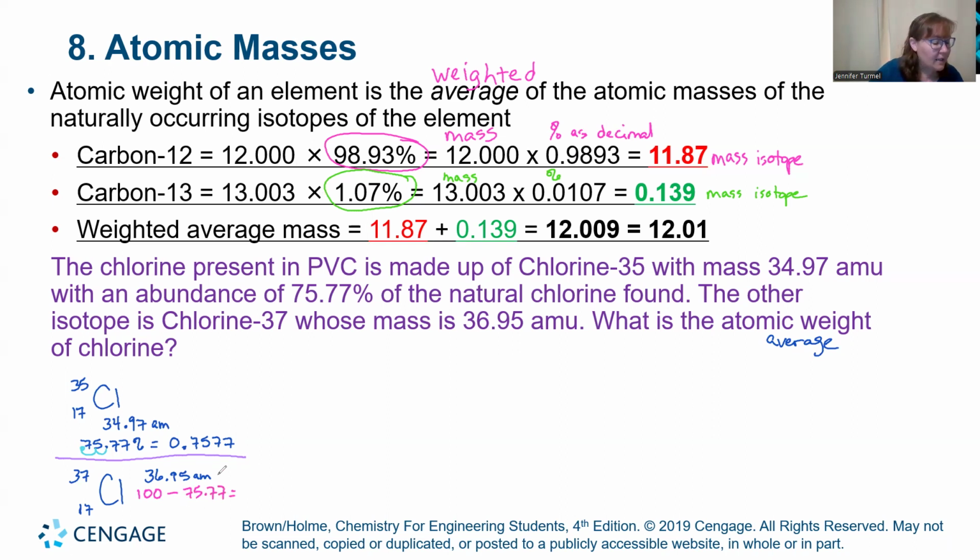That gives me a percentage of 24.23%. And I need to convert that to a decimal. Again, you convert that to a decimal by moving the decimal twice, and you get 0.2423.